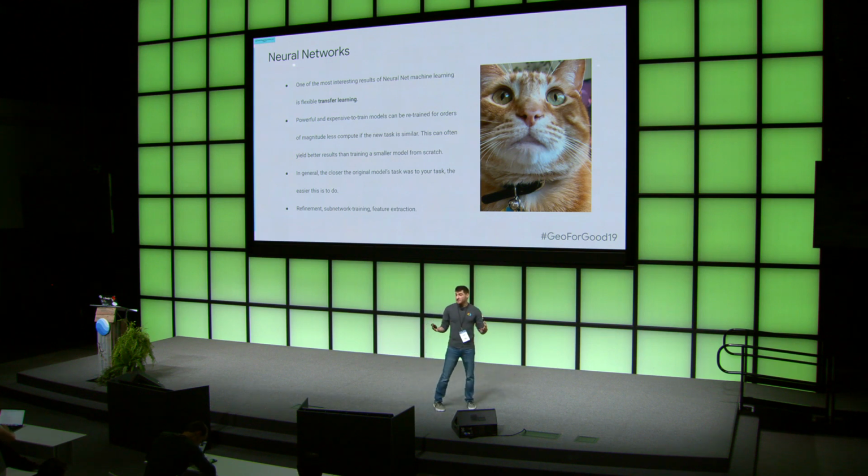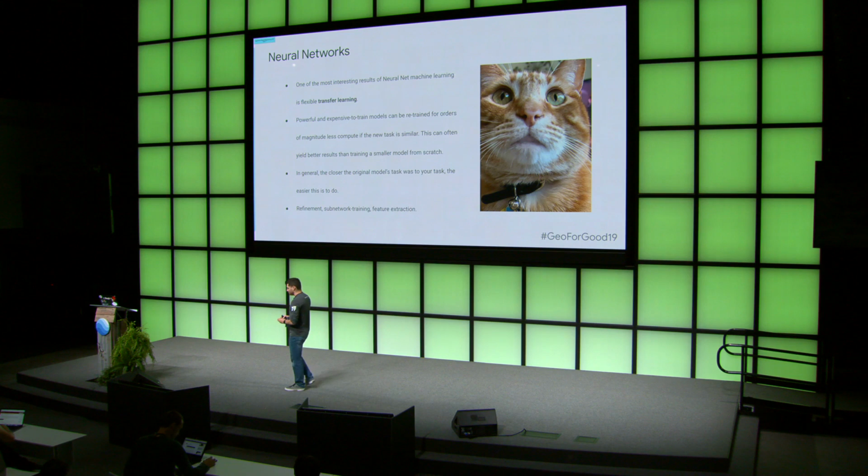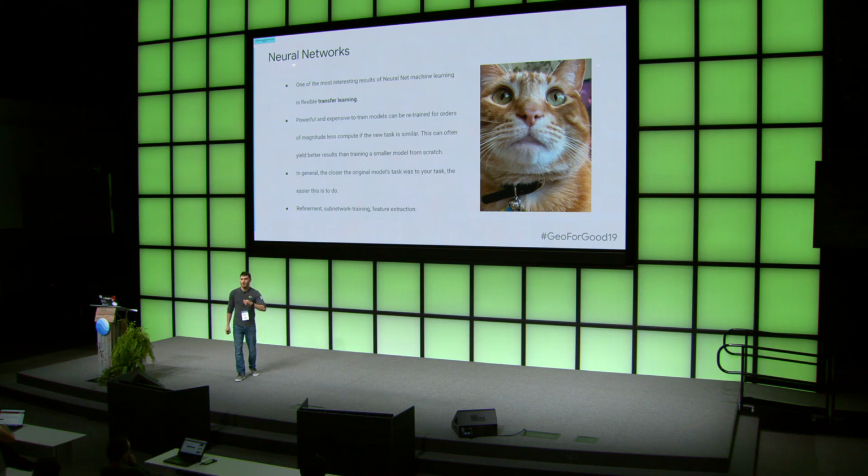Another, possibly the simplest technique, is just feature extraction. Sometimes published neural networks will expose intermediate tensors as outputs, as features. This is a whole other thing we could talk about, when to do this and when not to. We've talked a little bit about embeddings. Sometimes these intermediate tensors happen to form good embeddings. Ask me about that later if you want to talk about how to do it.